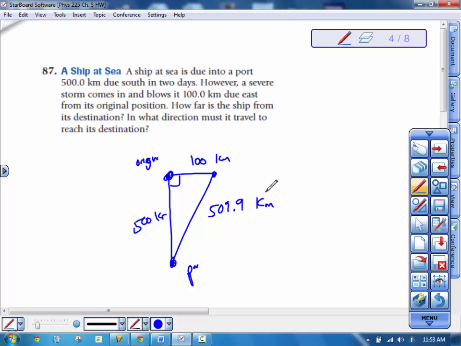And then it also says, in what direction must it travel? So we can find this angle right here, theta. We can find that by doing opposite over adjacent, so we can do tangent of theta equals opposite over adjacent.